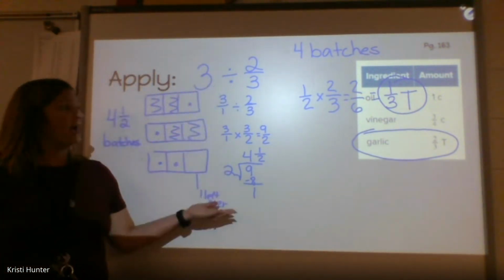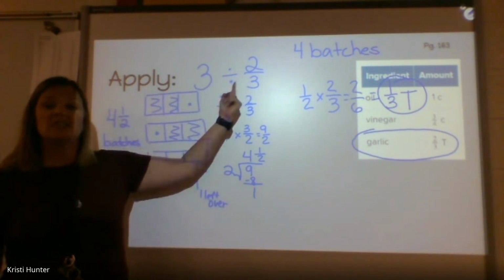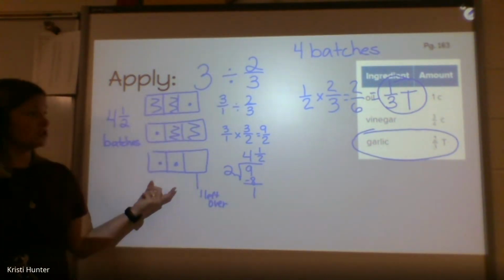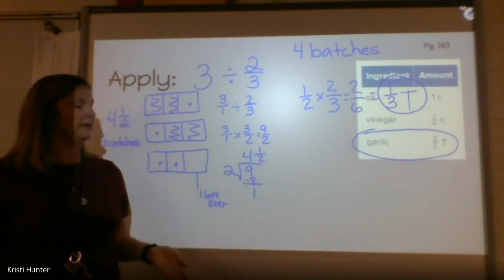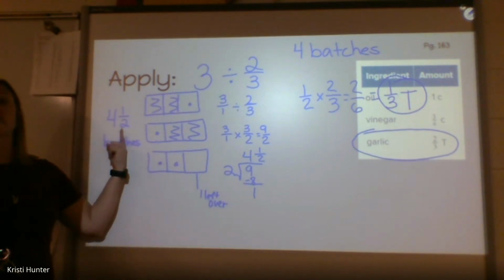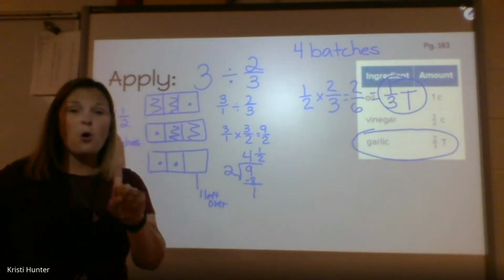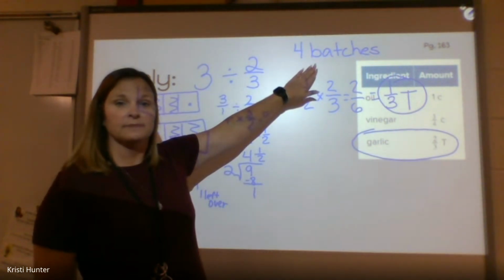Our first challenge was to take our whole and to divide it into these 2/3 pieces, either using our pictures or our equations. You don't have to do both, remember. And we find out that we can make 4.5 batches. But my problem said how many total batches. So we can make 4 total batches.